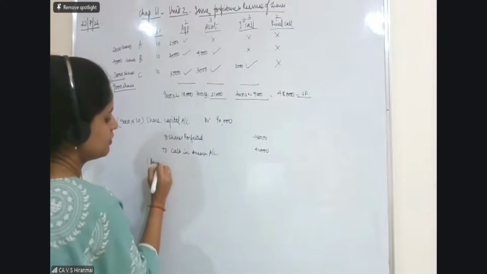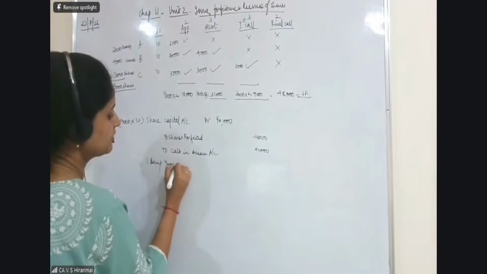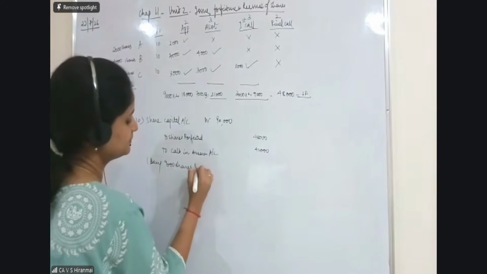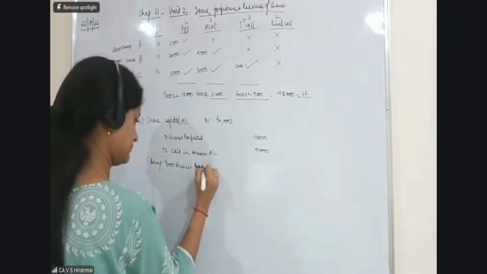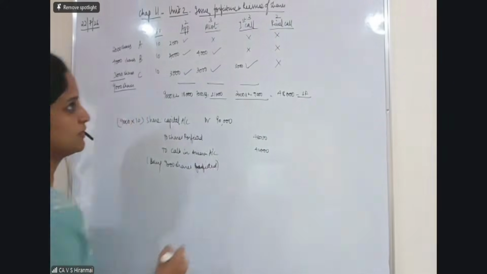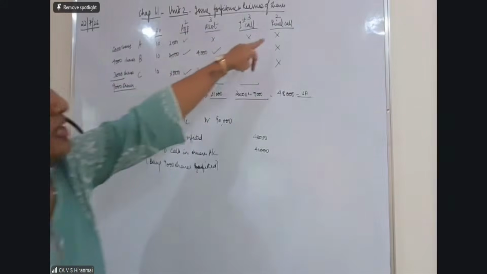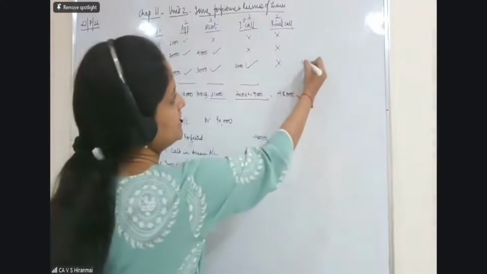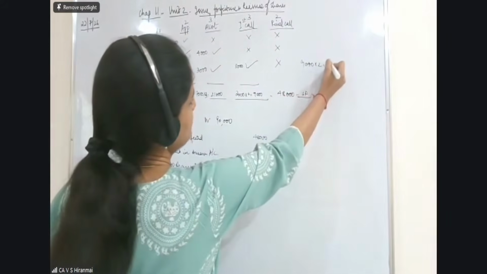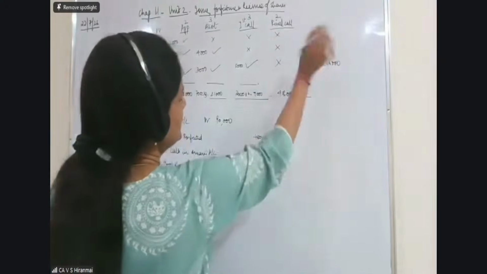Madam, we also want to know how this particular 42,000 has come. That also you can do. It is easy. Where have you not received? Please see, leave the application here. So it is 9,000 shares into 2 rupees, 18,000. Final call nobody has paid.